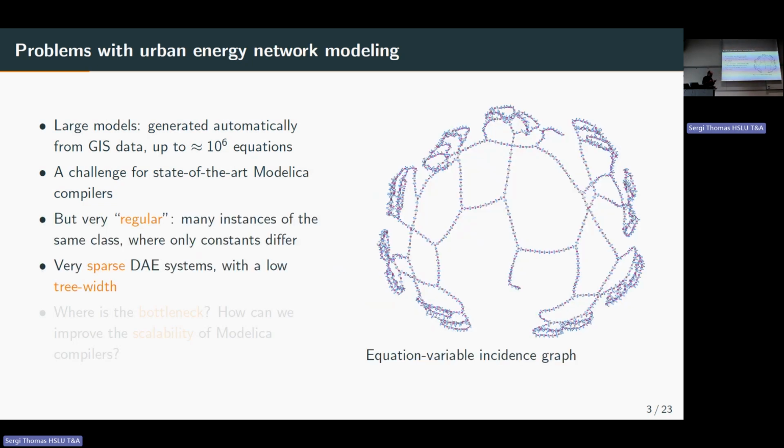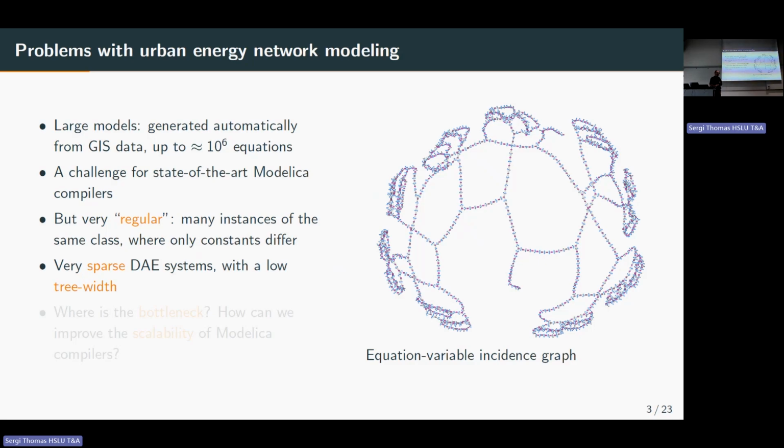When you look at the mathematical structure of these large Modelica models, here you have a representation of the incidence graph, a graph with all the equations and variables. You can see several things: in a way, they are very regular and they are very sparse. And the most interesting feature is that they have a low tree width. Tree width is a concept in graph theory that measures how far a graph is from a tree.